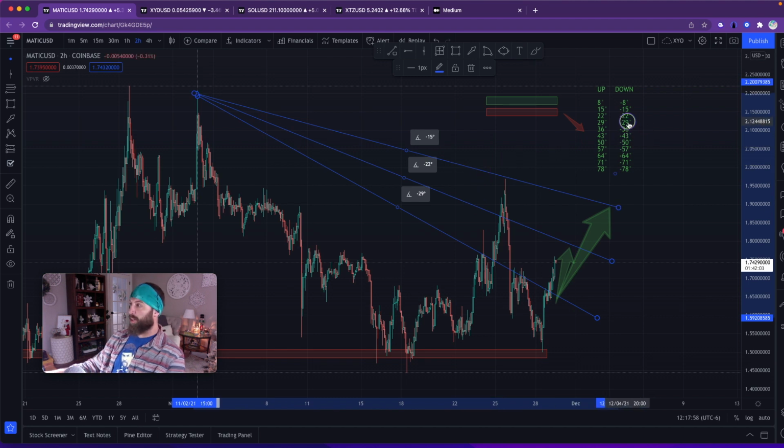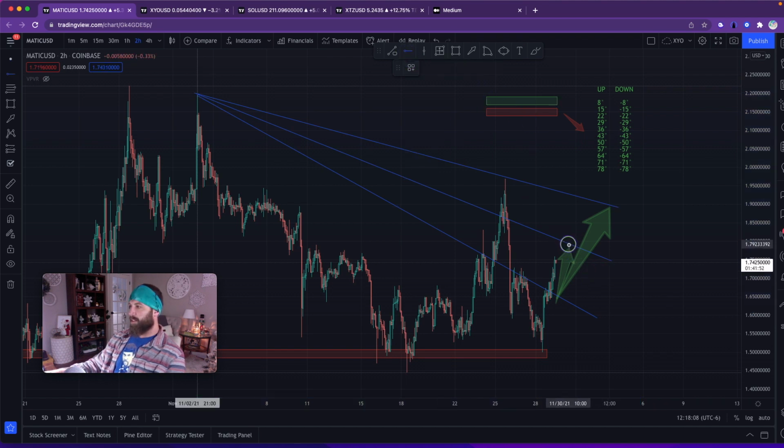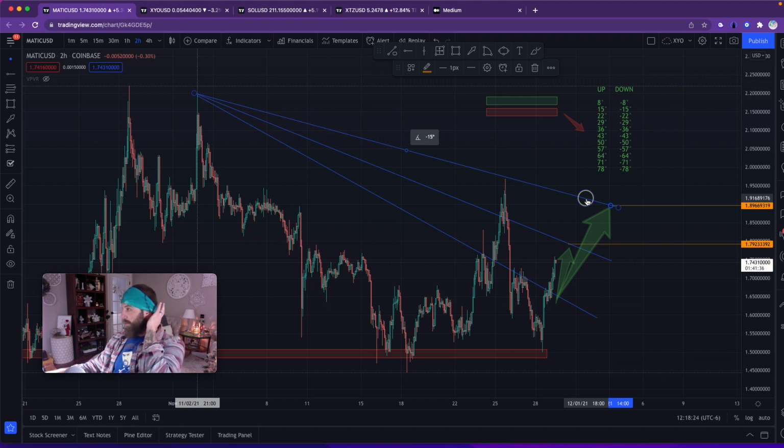All right, 29, minus 22, minus 15. If price stops at the minus 22, we're looking at somewhere in the vicinity of 179. If price continues on upward up to the 15, we're looking at around a 190 level, 189.